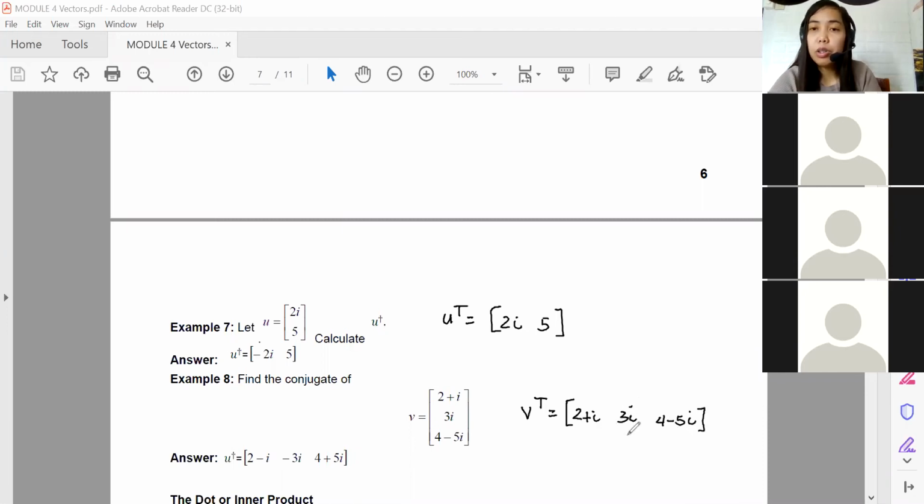And then get the conjugate of each component. 2 plus I becomes 2 minus I. So this is now the symbol, yung cross, kasi magko-conjugate na tayo. 3I becomes negative 3I. 4 minus 5I, the conjugate, is 4 plus 5I. Are we clear? Yes po. Okay, next.